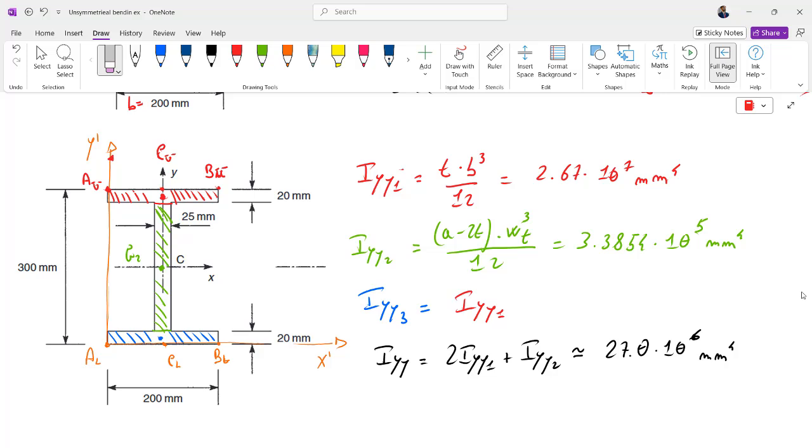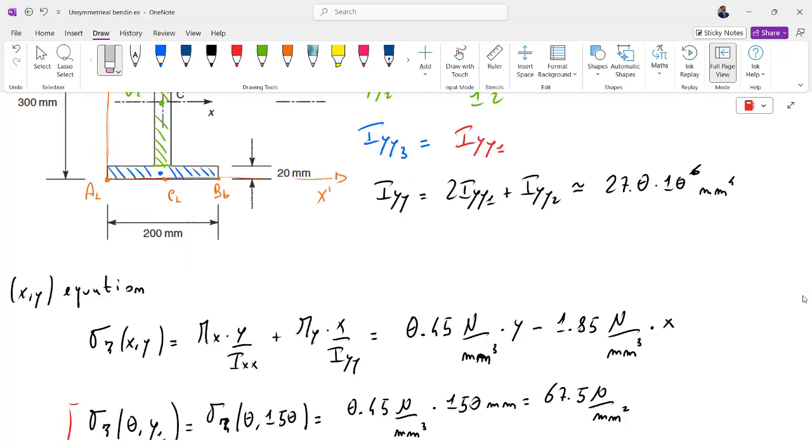Also here Iyy3 is equal, for the symmetry, to Iyy1, and so the total Iyy is equal to 2 times Iyy1 plus Iyy2. And we obtain this approximated value here.